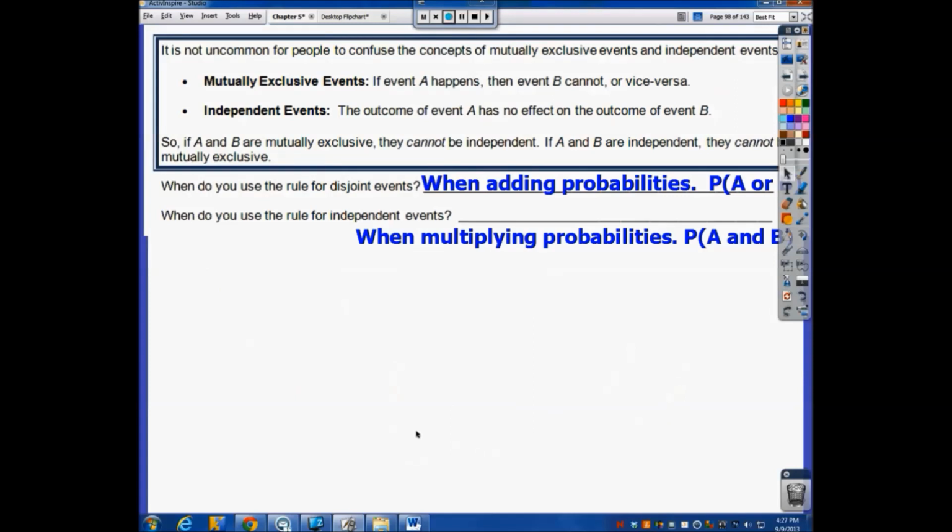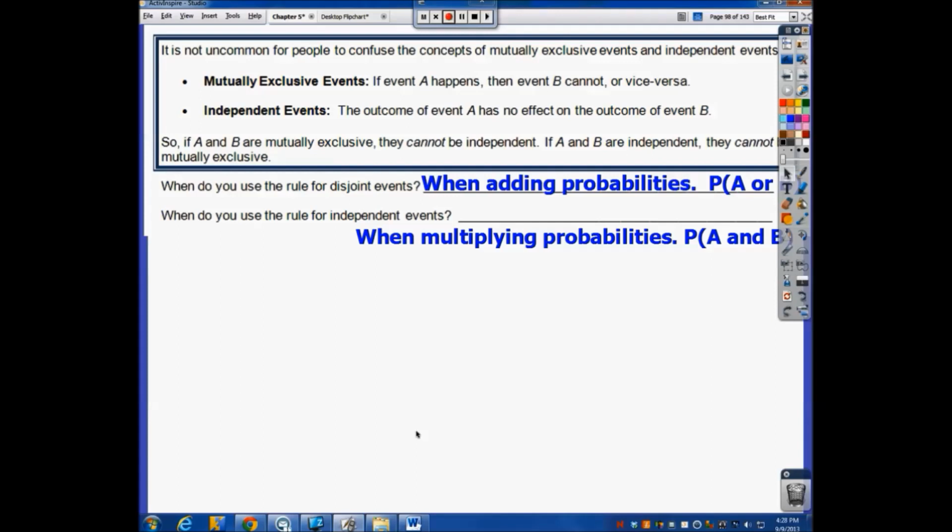So it is not uncommon for people to confuse the concepts of mutually exclusive events and independent events. Now, independent, we said earlier, was that the event of one outcome has no effect on the outcome of another event happening. Now, mutually exclusive means that if one event happens, then the other cannot happen.